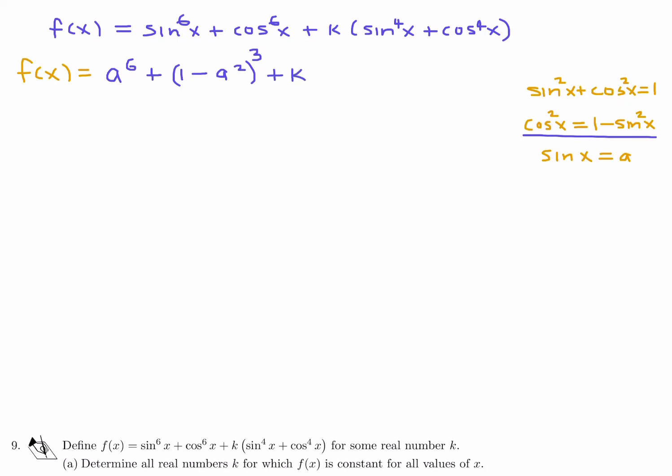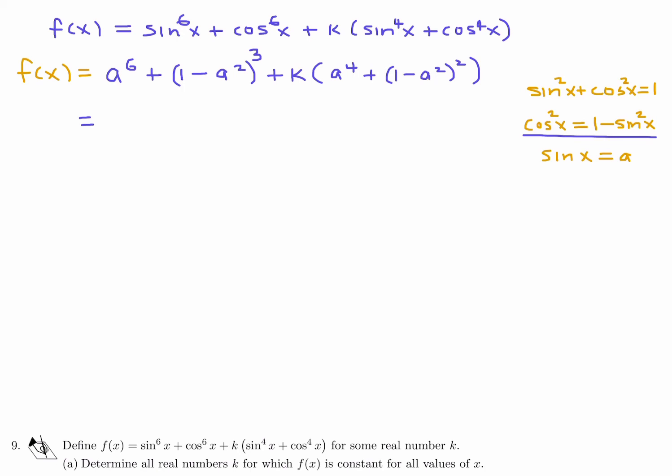And then this is going to be sine of x to the power of 4, so that's a to the power of 4, and then cos squared, squared, and that's just going to be 1 minus a squared, all squared, like this. Okay, simple substitutions. Makes things easier for us.